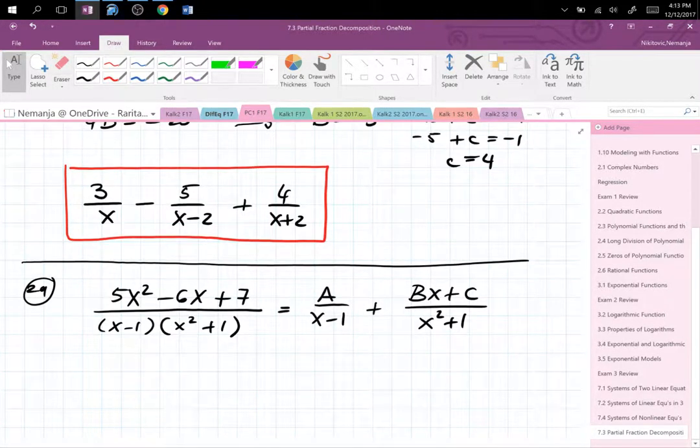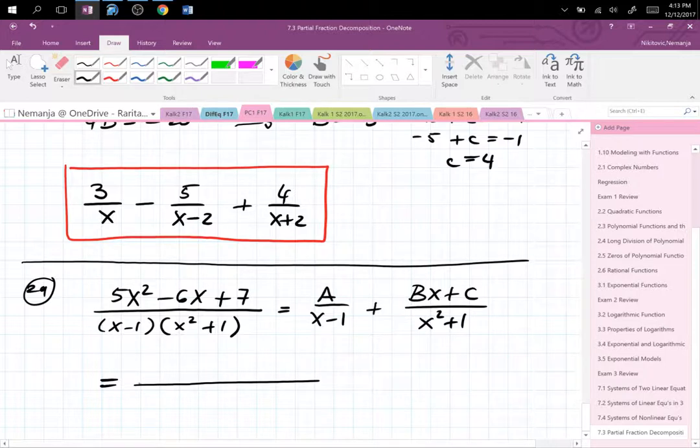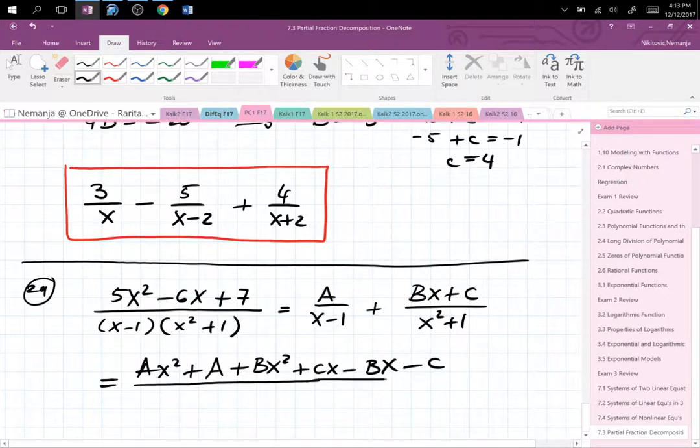Cross multiply to get ax squared plus a plus bx squared plus cx minus bx minus c, when you FOIL, divided by x minus 1 times x squared plus 1. That's when we find common denominator.